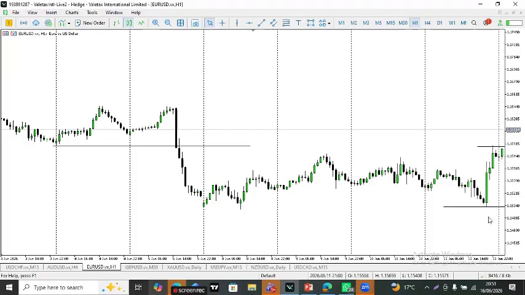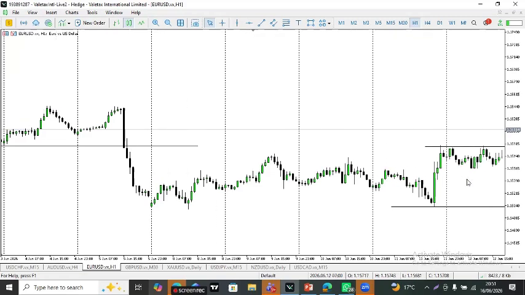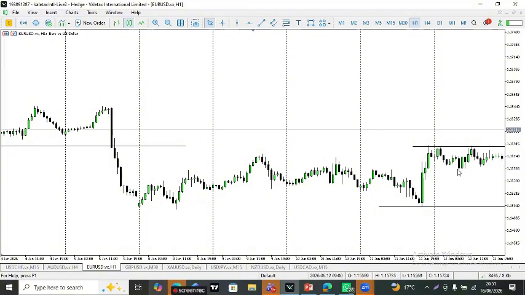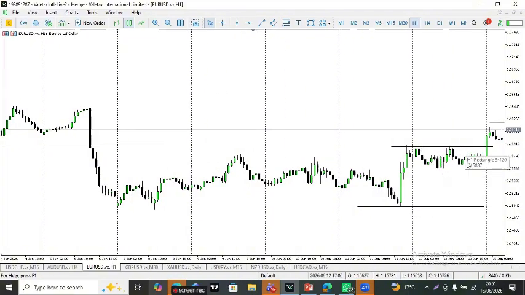That is really what a CHOCH is. But that is not the case. Price did its thing again, just went into an internal range, a range between the low and the high, the internal structure in other words. So it is here inside the internal structure where I'm really looking for an opportunity to place a buy position.